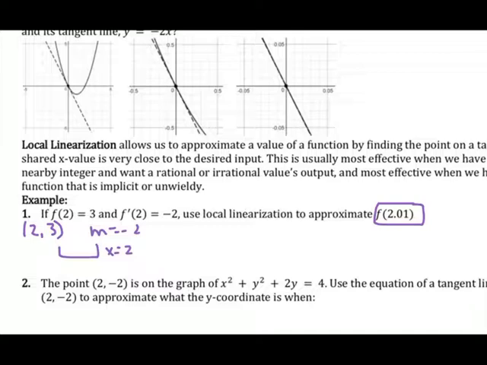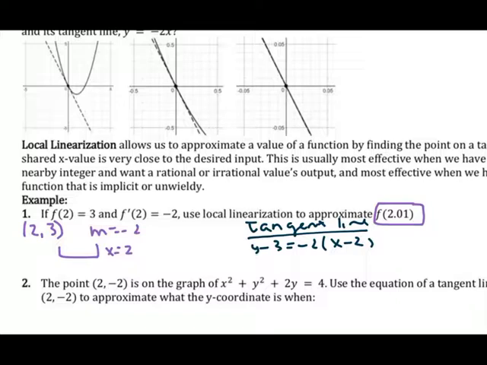We have a slope, we have a point on the function, so we can create our tangent line. And that tangent line is going to be y minus 3 equals the slope at that point, negative 2, times x minus 2. This tangent line will give a decent approximation for values that are close to 2.